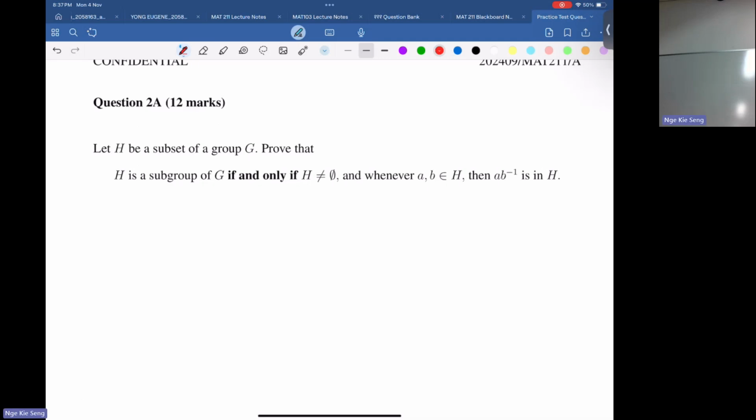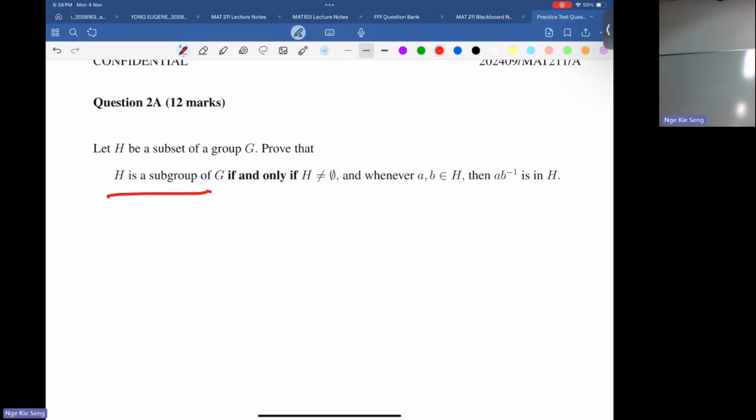This is kind of a fun game. If I give you this statement, how are you going to prove an if and only if statement? Let me draw something.